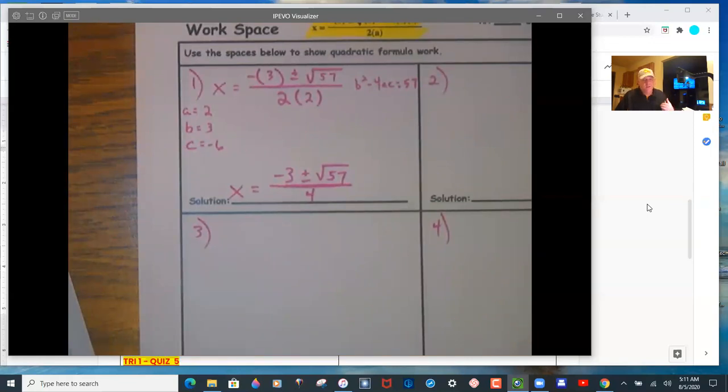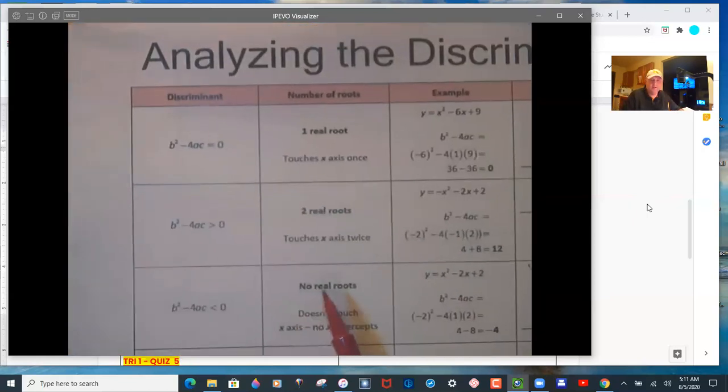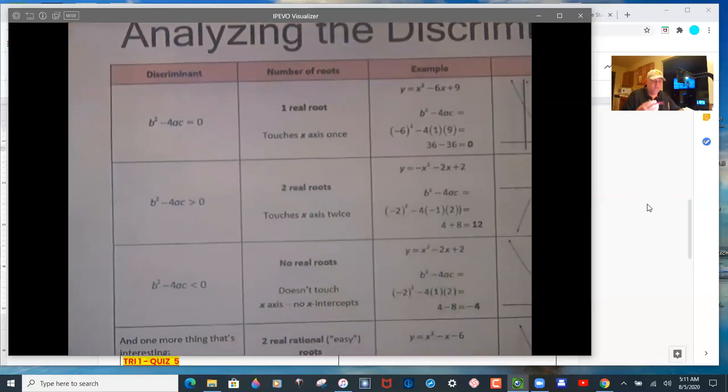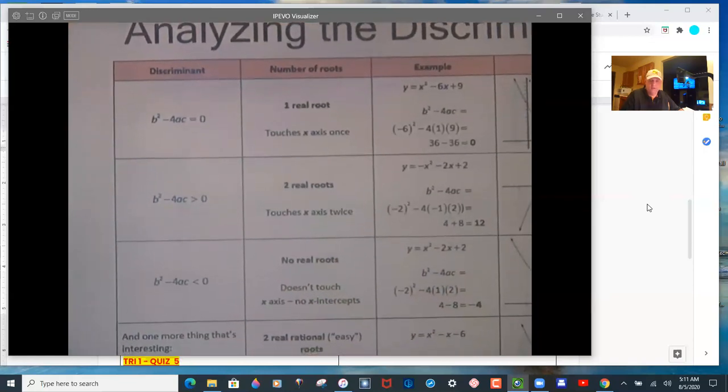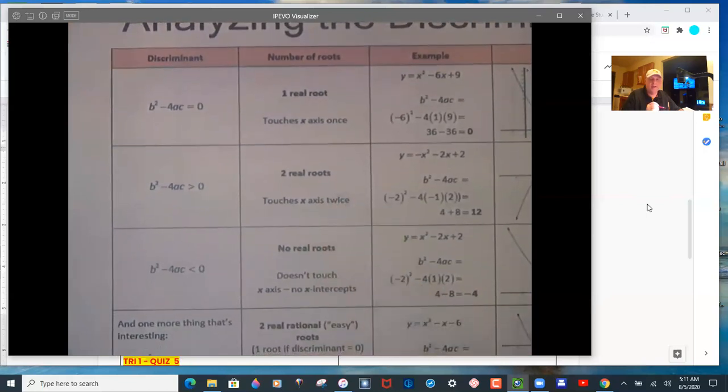Now, these represent the two x-intercepts on this quadratic, and it represents the case of, and you have the better page of notes to look at the type of graphs, but it represents two real, irrational roots.